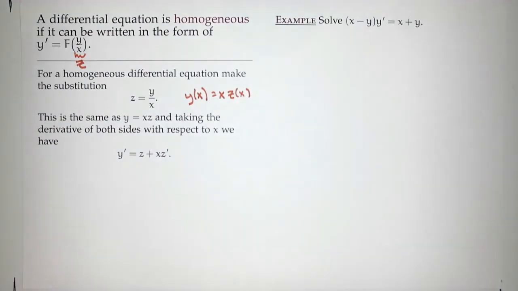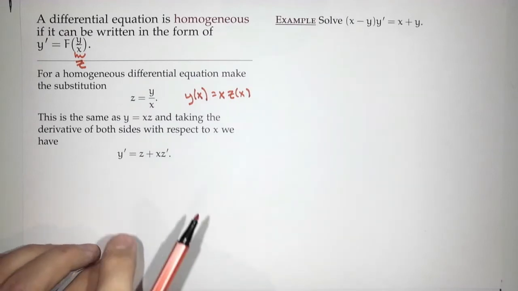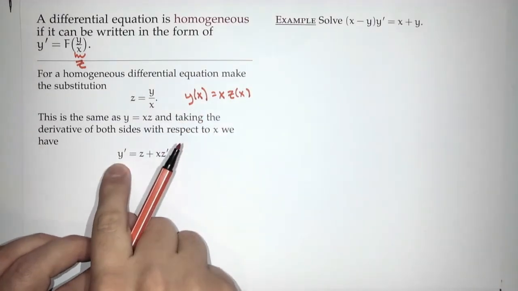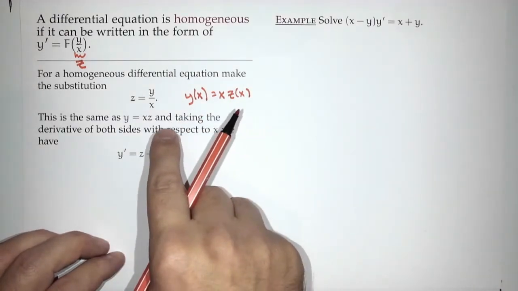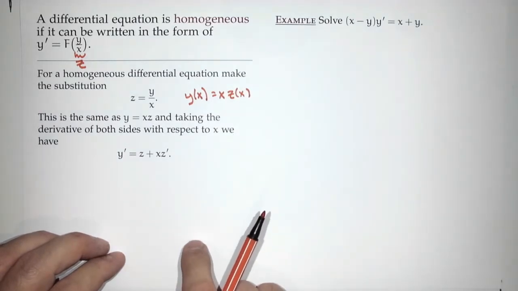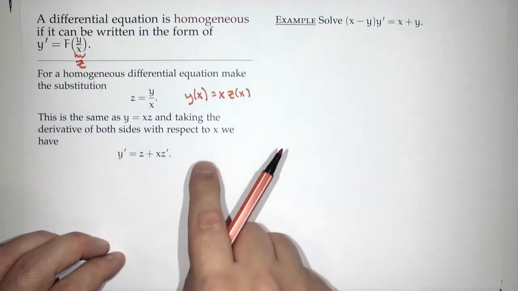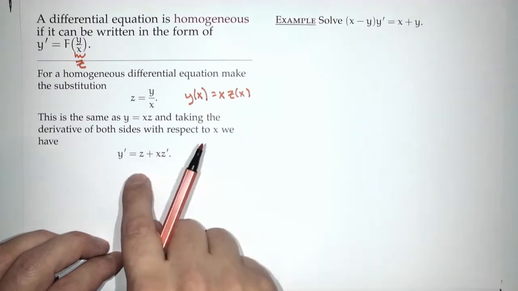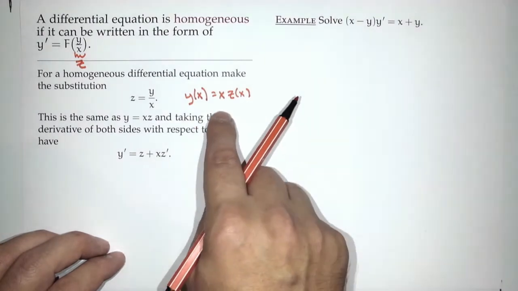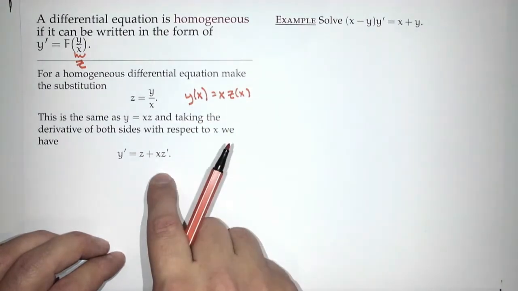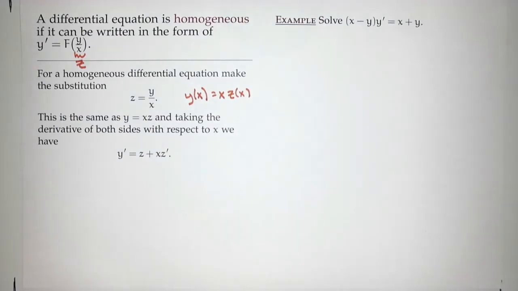So, take the derivatives. Derivative of y is the derivative of y. What rule do you need to take the derivative of x times z? Product rule. Derivative of the first is 1 times z plus the first times the derivative of the second. All right, so there we go. So that's going to be our substitution.